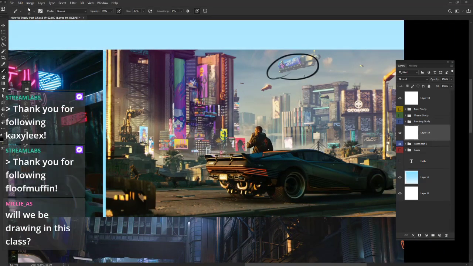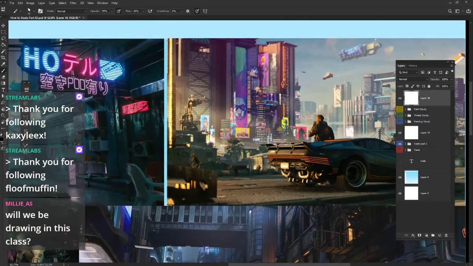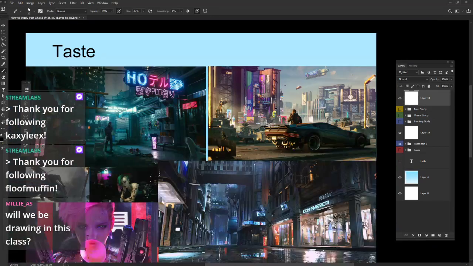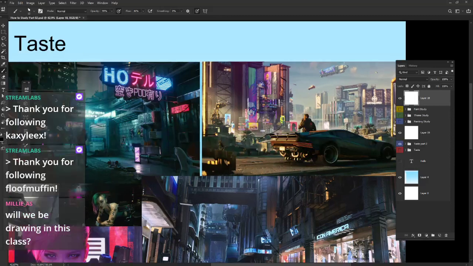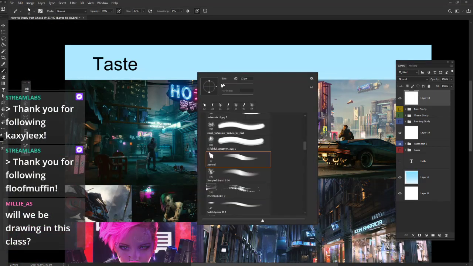For example, this huge aircraft thing going on, flying cars, as you can probably see here, different types of lights. It's all that insane thing that drives me absolutely nuts in a positive way, which is just incredible. It's crazy. And that's what taste brings you forward if you play video games.